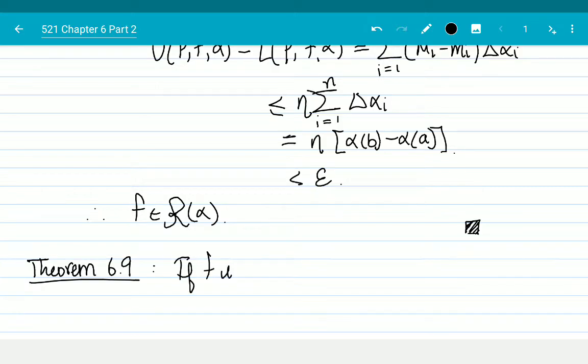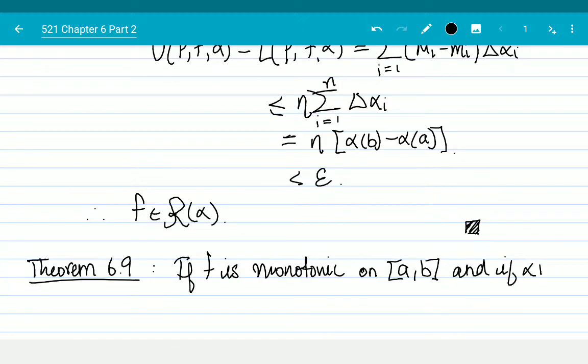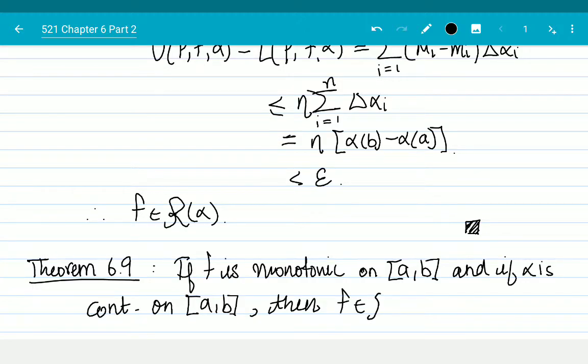So if f is monotonic on [a, b], and if alpha is continuous on [a, b], then f belongs to R of alpha.